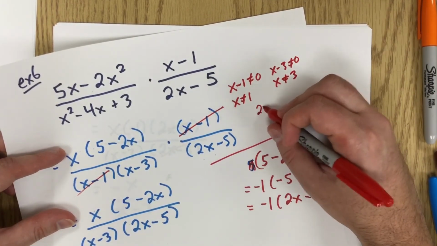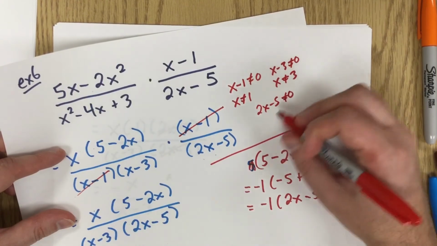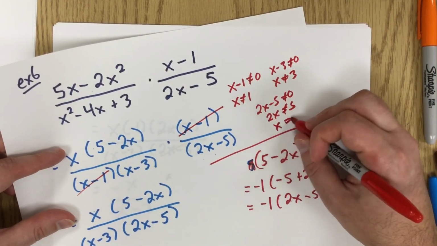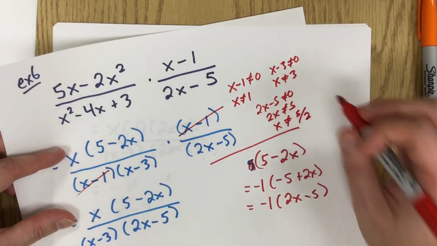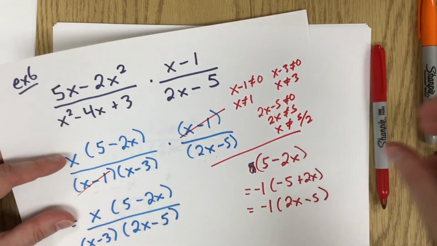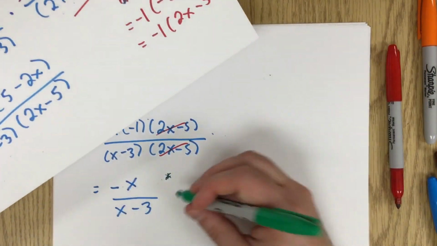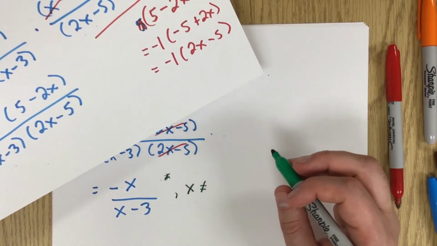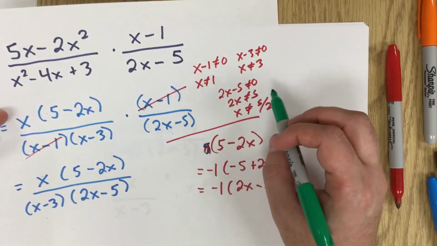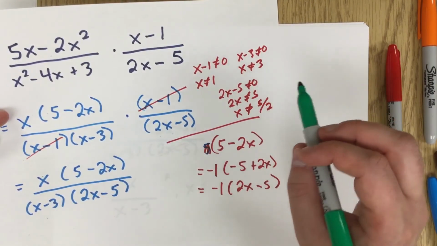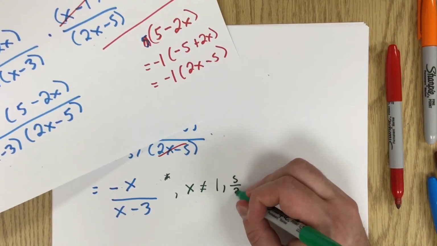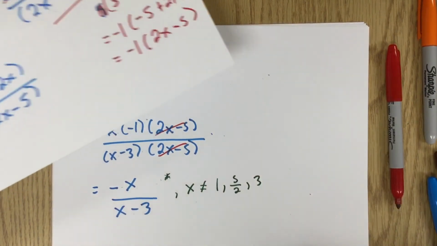And we know that 2x minus 5 can't be 0, so 2x can't be 5, and x can't be 5 over 2. So putting that together, our restrictions are x cannot be 1, 5 over 2, and 3.